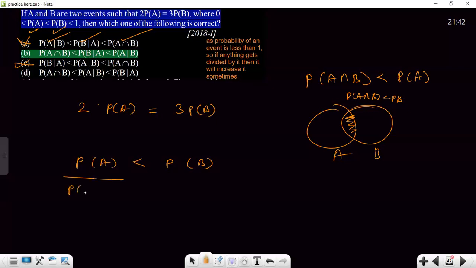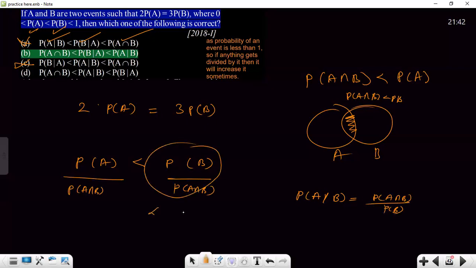Let's divide both sides by probability of A intersection B. Now we know the formula of event A when B has taken place: probability of A intersection B divided by probability of B, which is precisely the formula just inverted. So this is the probability of event A when B has happened, and the probability of event B when A has happened, both inverted.